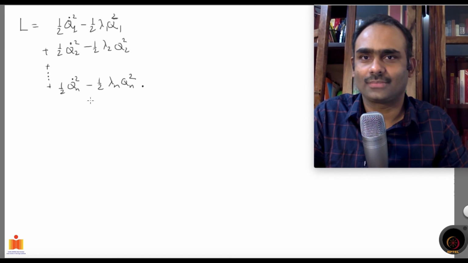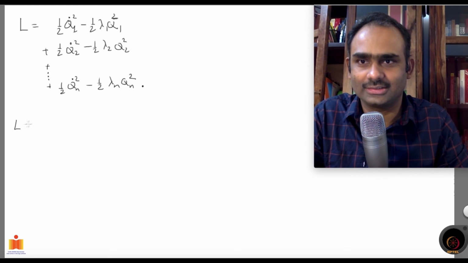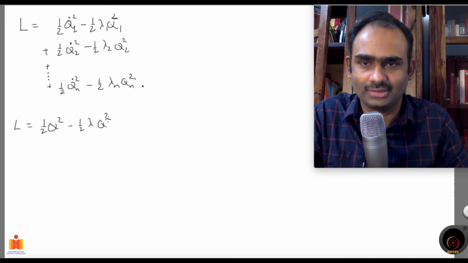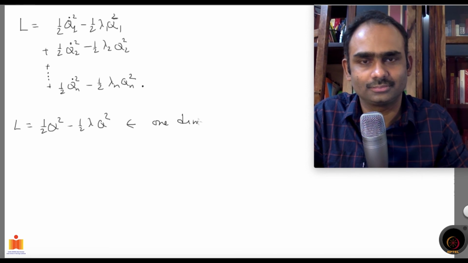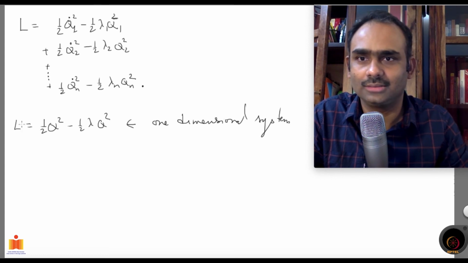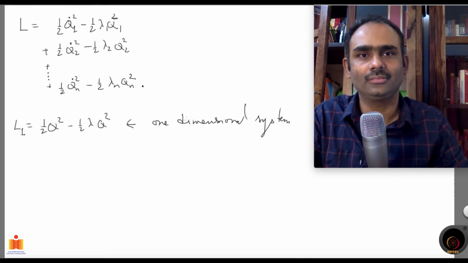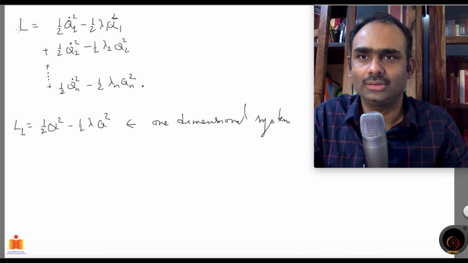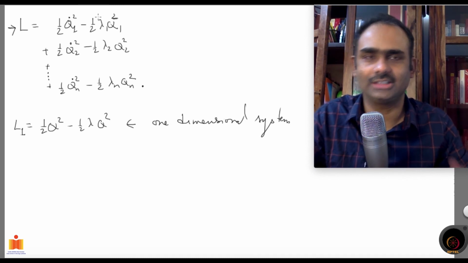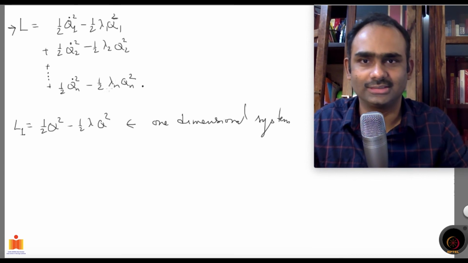So if I know about this system, this one-dimensional system, let me call this L1, then I will know everything about this system also, because it's just n copies of this system.